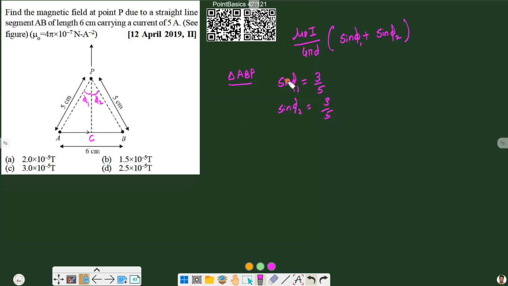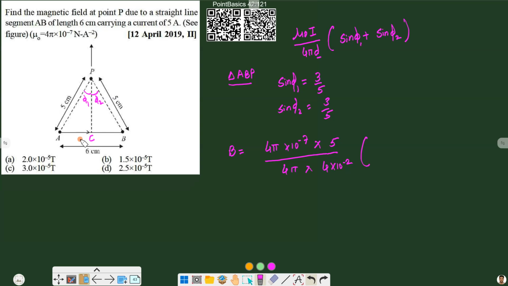Putting these values here, the magnetic field will be mu naught, which is 4 pi into 10 raised to power minus 7, current is 5, and 4 pi times the distance. The distance is CP, the perpendicular distance, and that is 4 centimeter, so 4 into 10 raised to power minus 2.